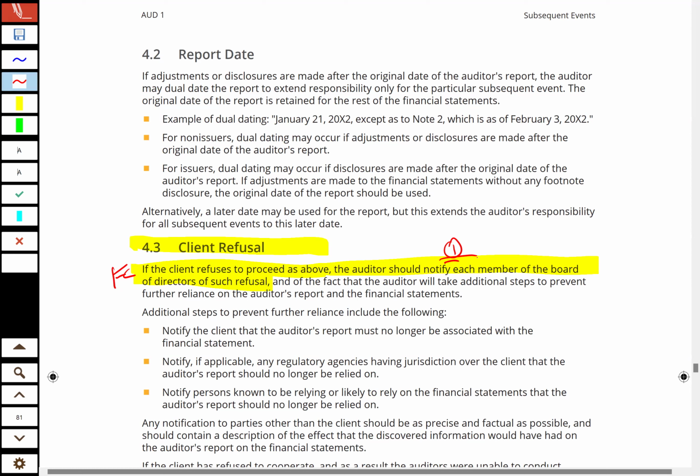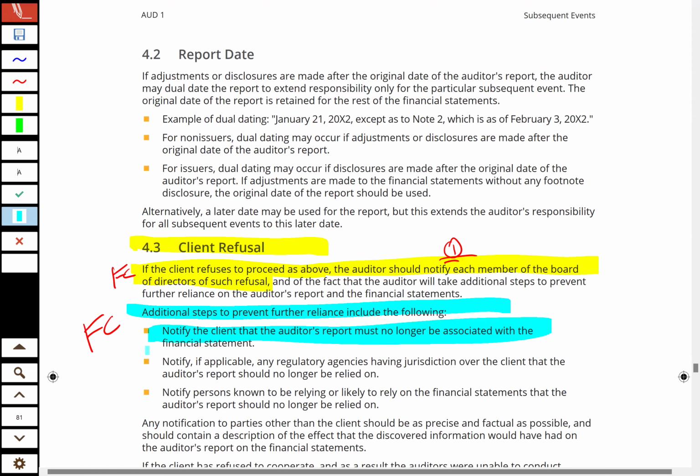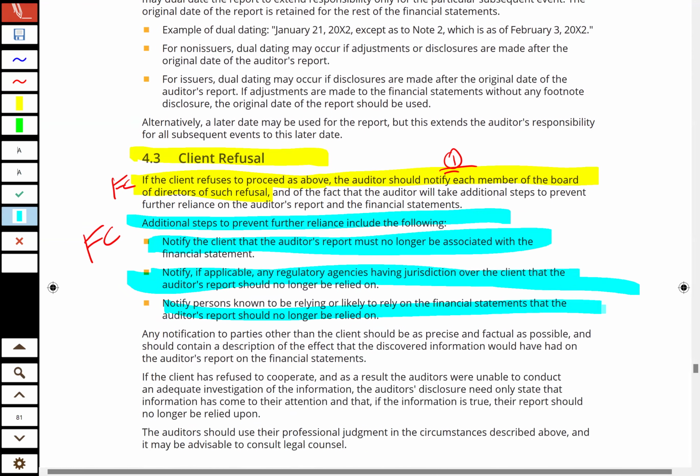Now, if the board of directors is no good and says, we're not going to do anything, we're not notifying anybody, we don't care, we're not disclosing anything, then notify the client that our report should no longer be associated with the financial statements, notify appropriate regulatory entities, and notify persons known to be relying on those financial statements.